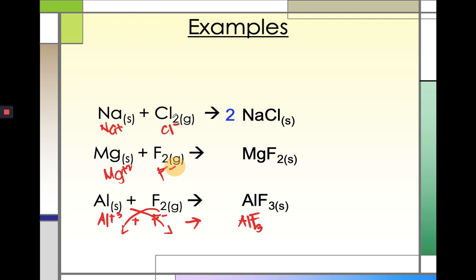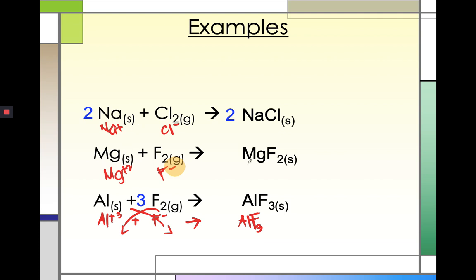Since there are two chlorine atoms in here, then one chlorine atom in NaCl, we must place the coefficient 2 such that we will have 2 atoms of Cl, and therefore sodium also follows. Alright, so your balanced equation for the reaction between sodium and the chlorine gas is 2Na plus Cl2 will produce 2NaCl.